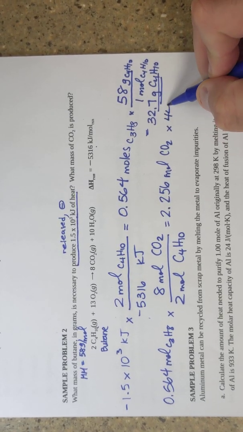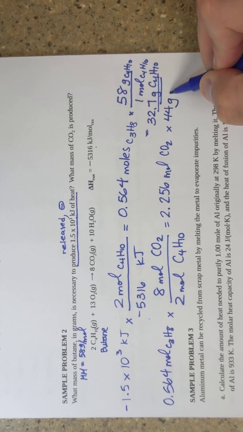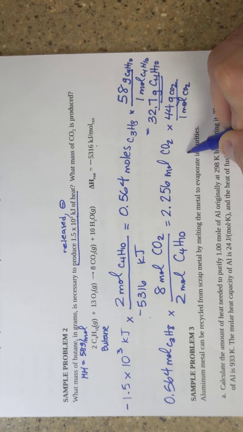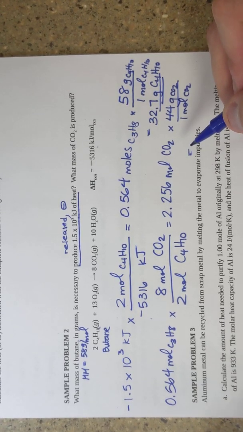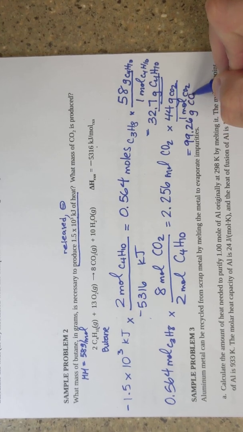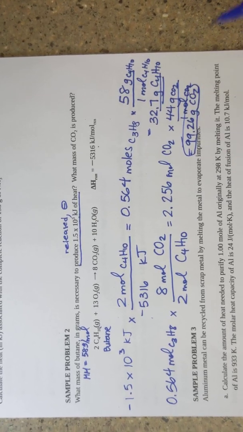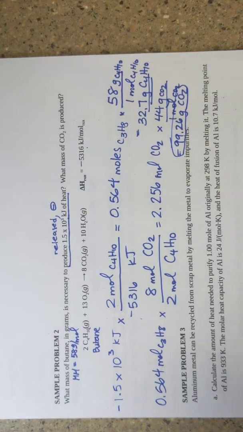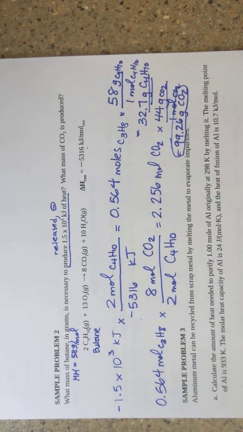Prove to yourself, but the molar mass of CO2 is 44. 44 grams of CO2 for every 1 mole of CO2. And I get times 44, 99.26 grams of CO2. That is how you do question number 2, right? This all has to do with stoichiometry and mole ratio, and now we have mole to energy ratio.